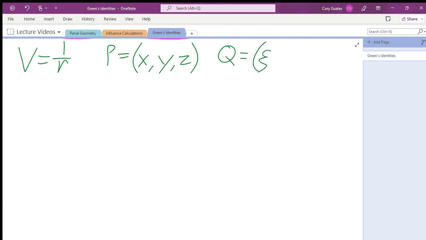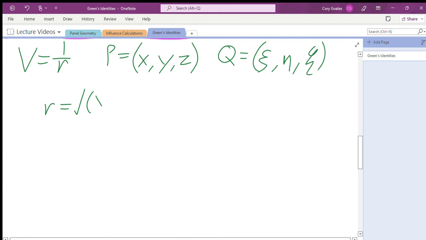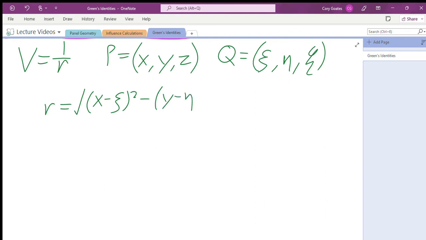And it's got coordinates xi, eta, zeta. Okay? So to be explicitly clear, r is equal then to the square root of (x minus xi) squared plus (y minus eta) squared plus (z minus zeta) squared.